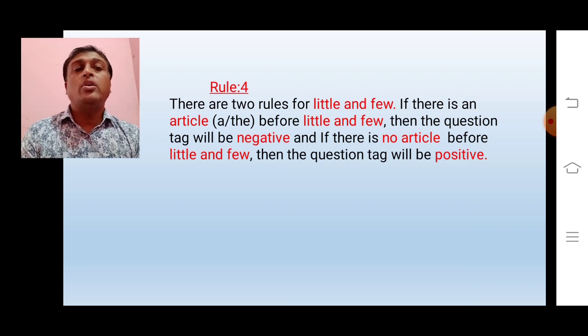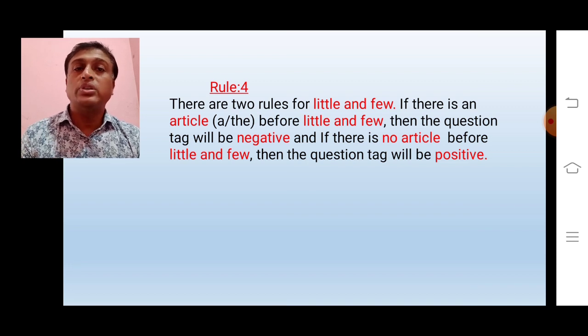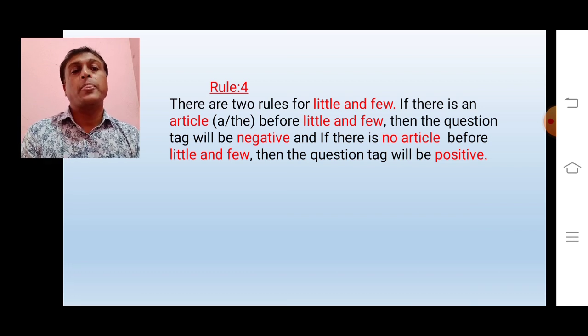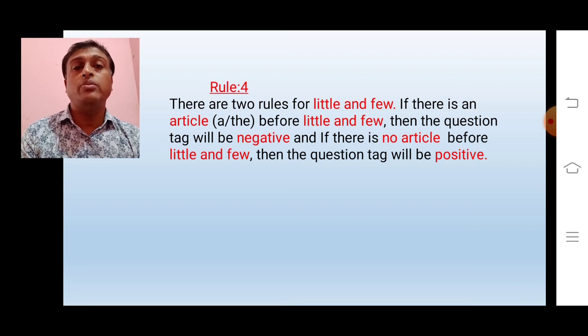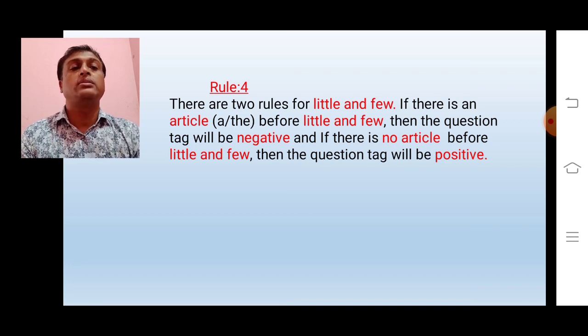That means little and few may be negative words or may be positive words. When there is an article like a or the before little and few, then little and few are positive words. But if there is no article before little and few, then little and few are negative words.